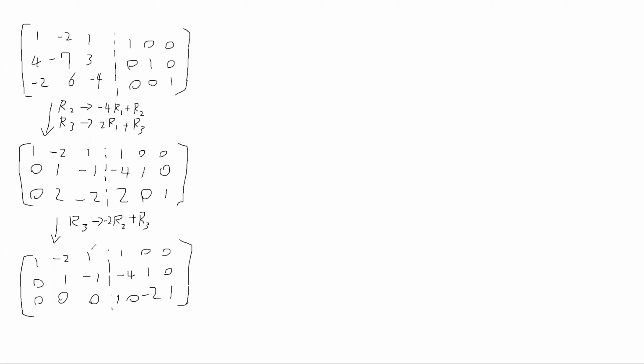All right, so one thing that we see here is we actually get 3 zeros on the left hand side. That means it's impossible for us to get an identity matrix on the left, right? So if we see that, then we can stop here, and then we can say that the matrix A is not invertible, right?